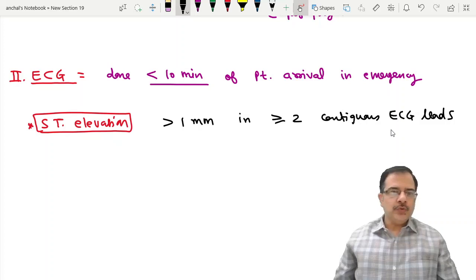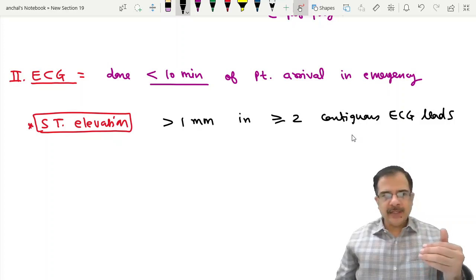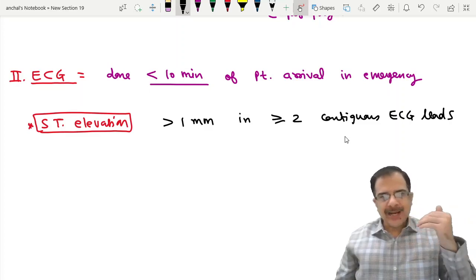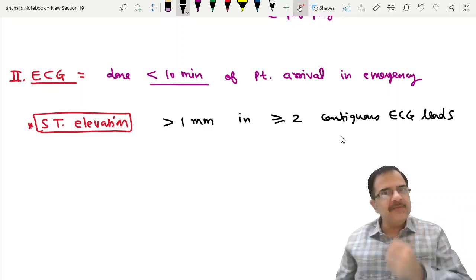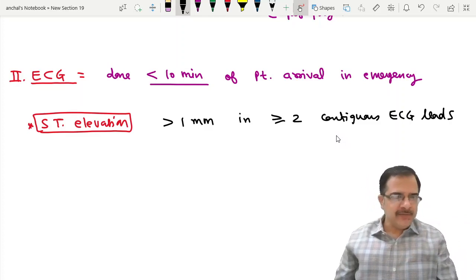That means those leads which represent a similar wall. Like lead 2, 3 and aVF are contiguous leads because they represent the inferior wall.